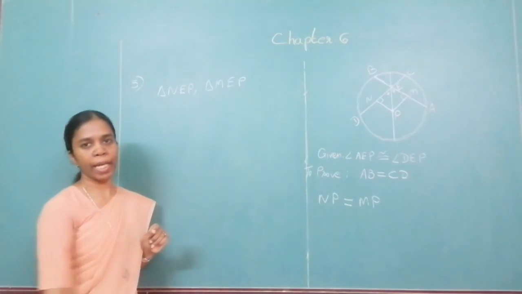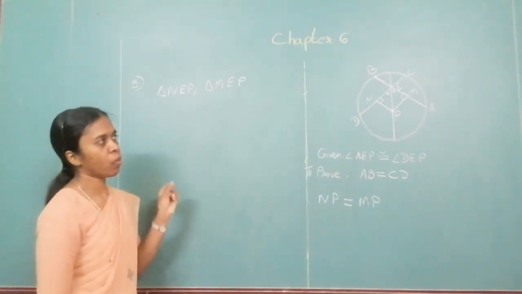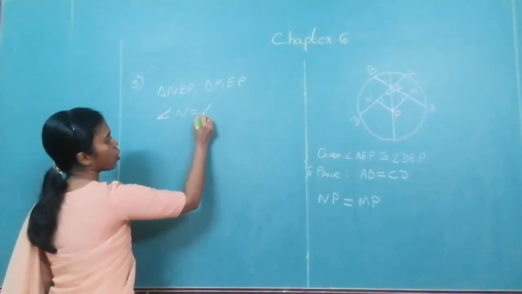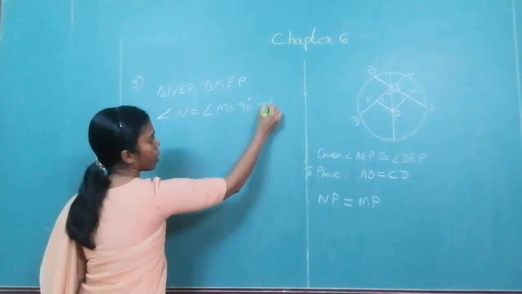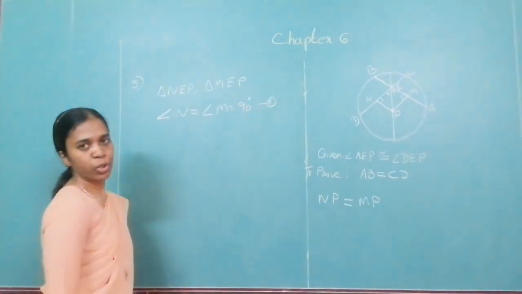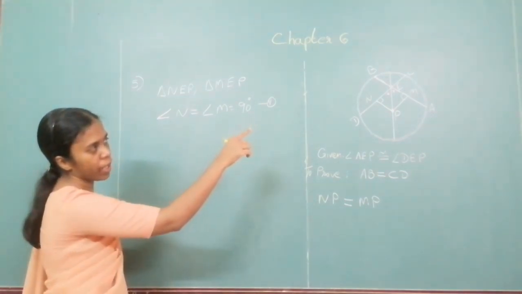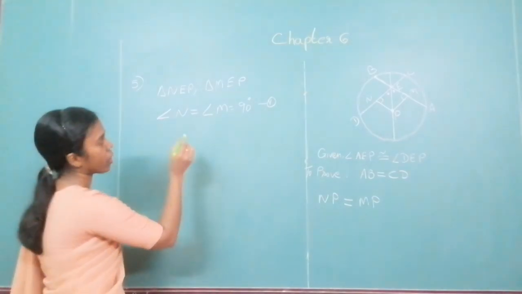Look at triangle NEP and triangle MEP. What are the things given to you over there? You know that angle N is equal to angle M is equal to 90 degree given to you. Okay. What else you have? You look at that angle NEP and MEP. We are told that that is congruent.